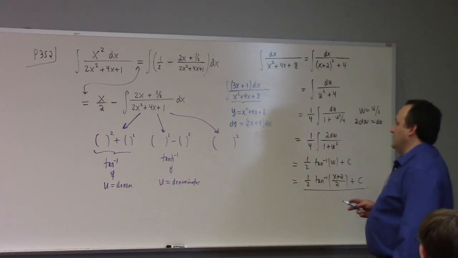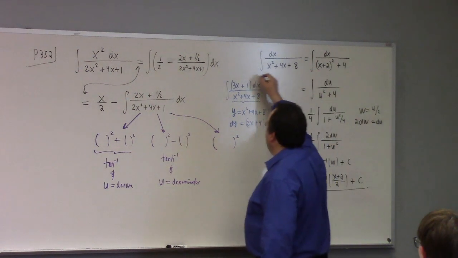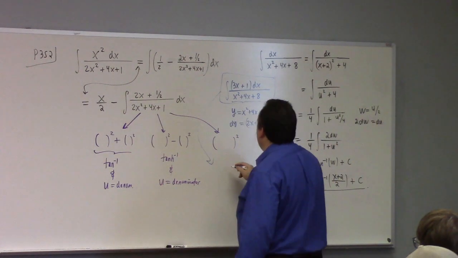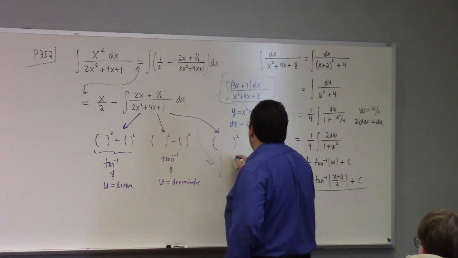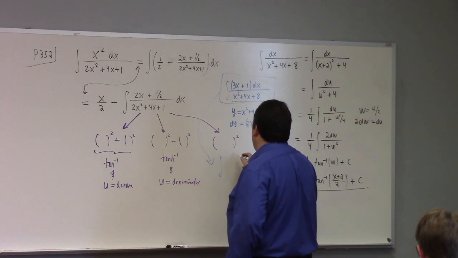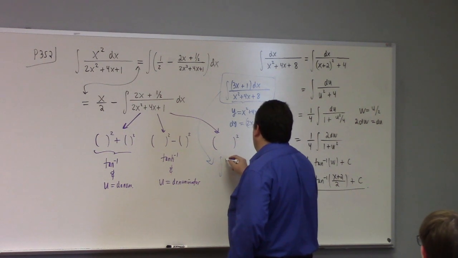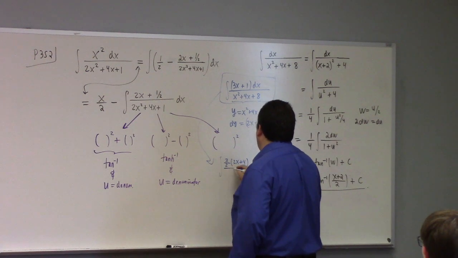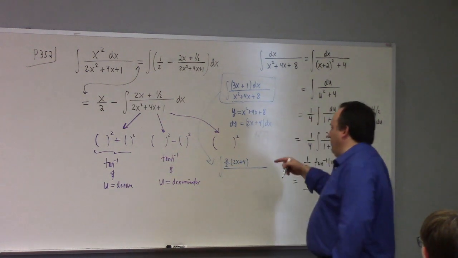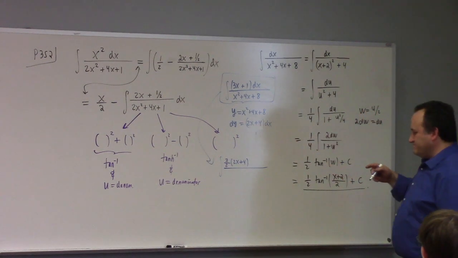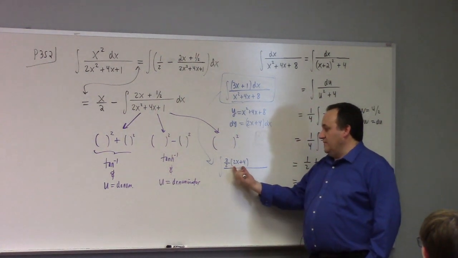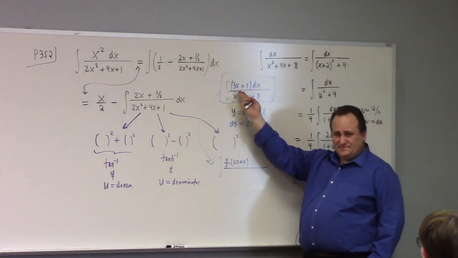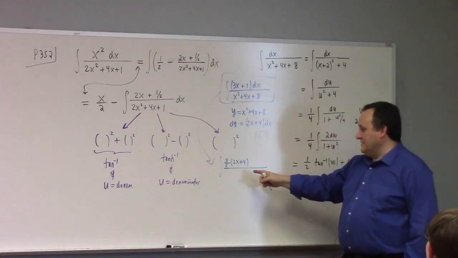So I take this right here and I convert it to the integral of 3 halves times 2x plus 4. Sorry, guys. That will give me back the 3x I have up here, right? But then to be fair, what have I done?